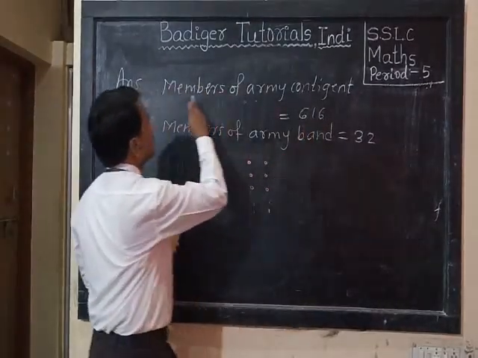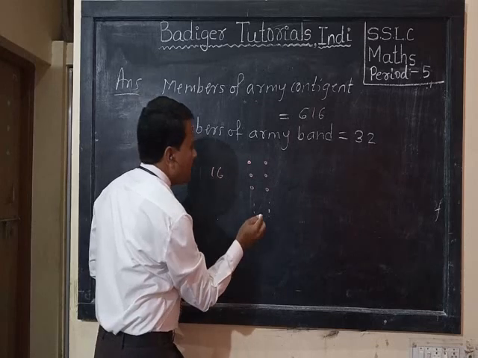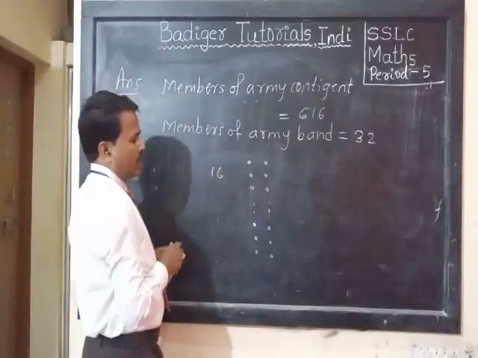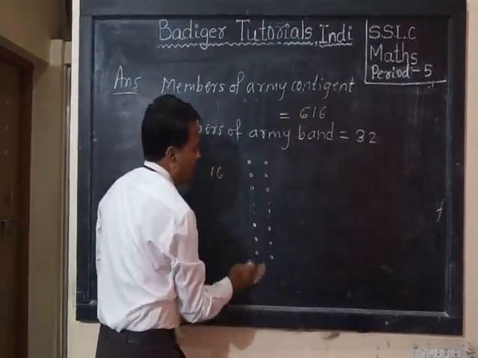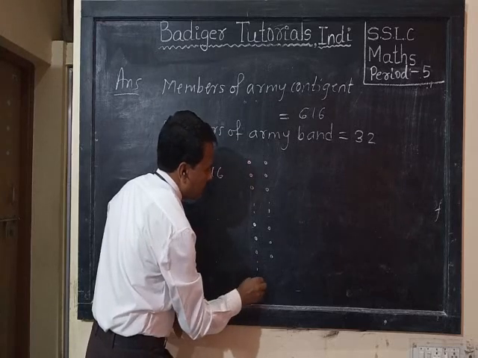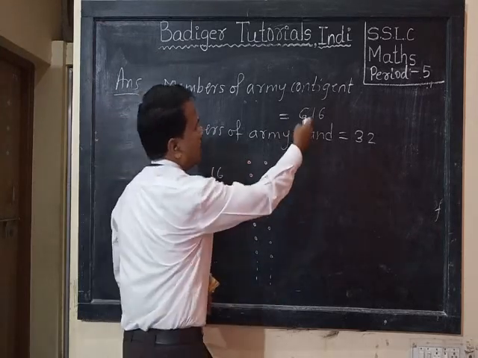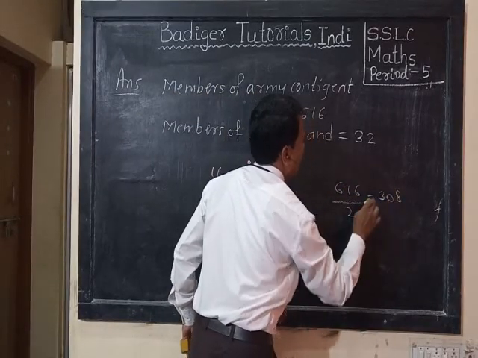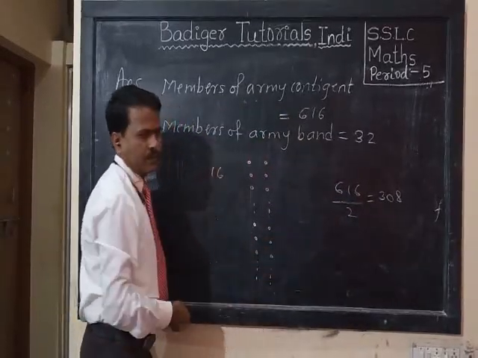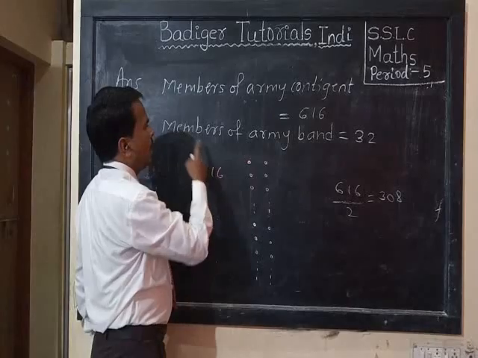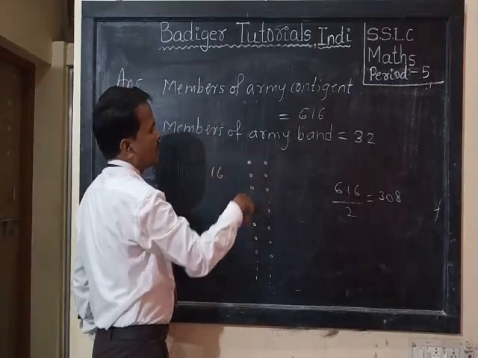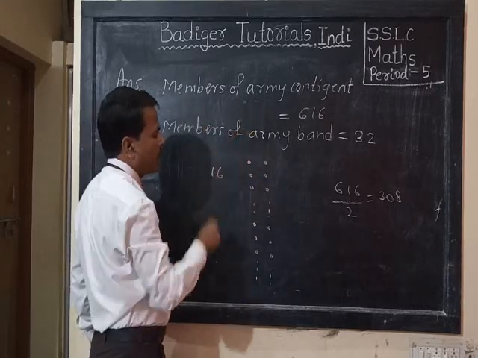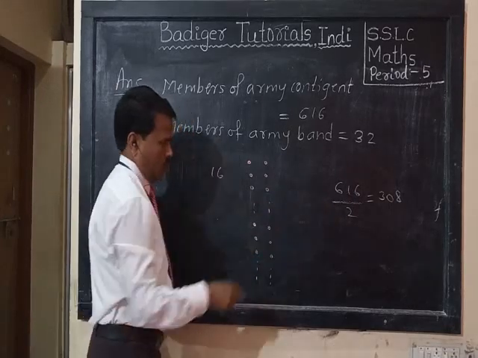And members of the army contingent, if they stand in two columns, 1, 2, 1, 2, like this, they need to stand in 616 by 2 equals 308 rows. If there are two columns, members of the army band stand in 16 rows, members of the army contingent will stand in 308 rows.